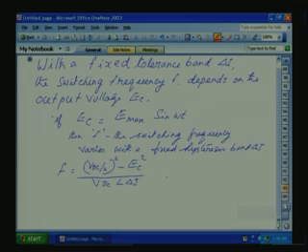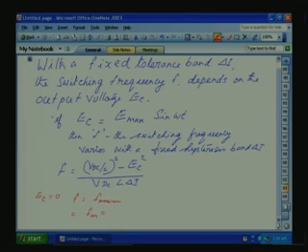So, let us take when EC is equal to 0. EC is equal to 0, then F is equal to F maximum, that is the maximum switching frequency. How much will it come?